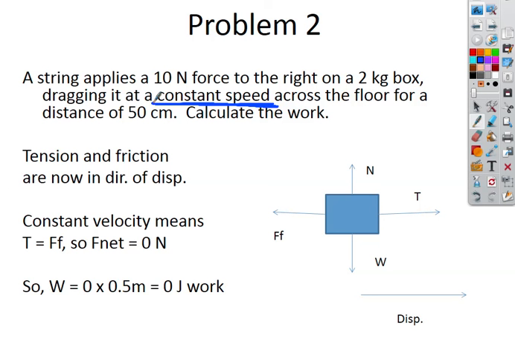Constant speed. What does that mean? That means the object must be in equilibrium, which means all forces must be equal, left and right, up and down. The object is in an equilibrium state. And that's how I know now that there must be friction present in the problem. If there was only tension, there'd be no counterbalancing force.